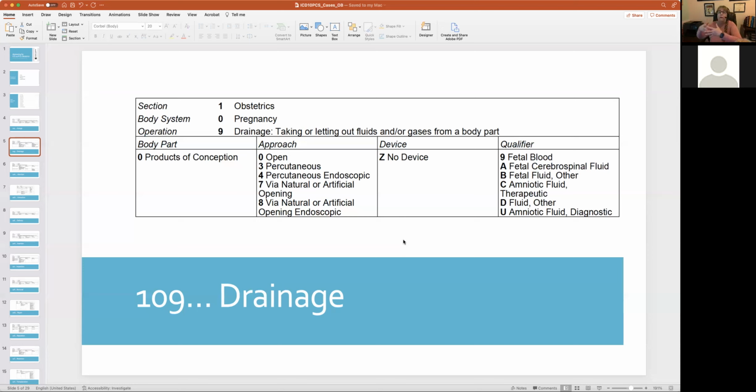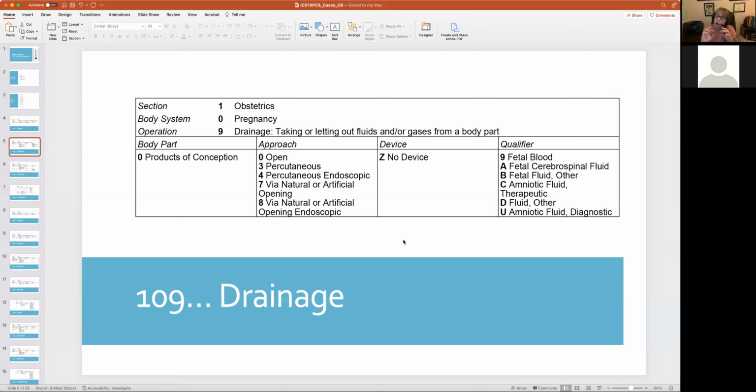That's the word that you're familiar with. Amniocentesis is when they extract amniotic fluid from the pregnant womb. Okay, so there are lots of different approaches. You already know the approaches, but what I want to call your attention to is the qualifier for this particular code.